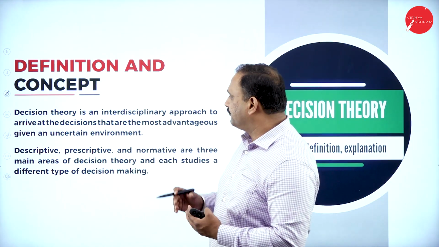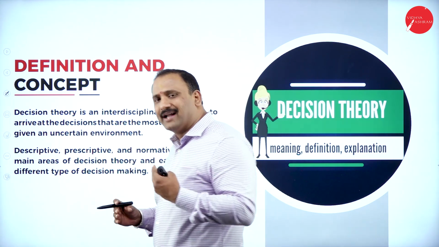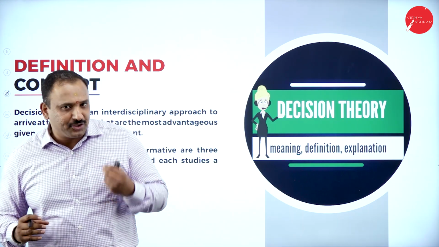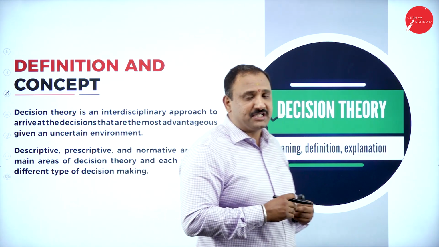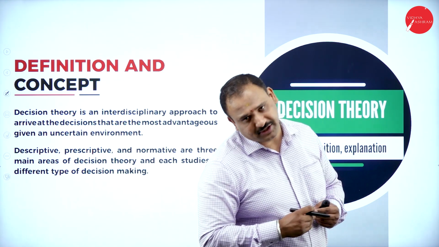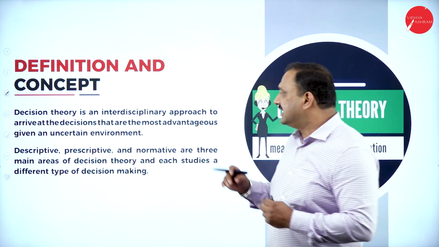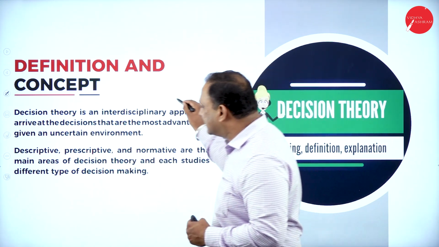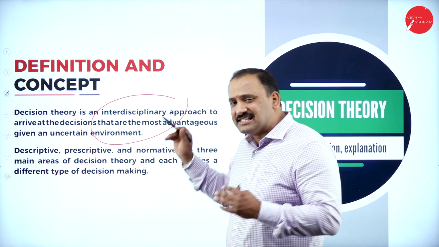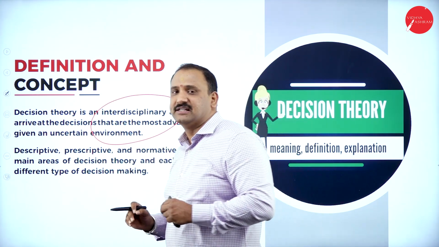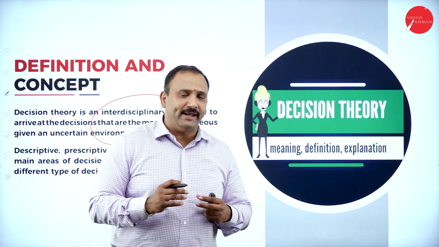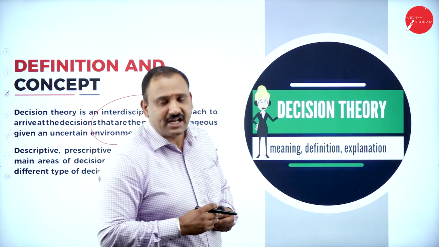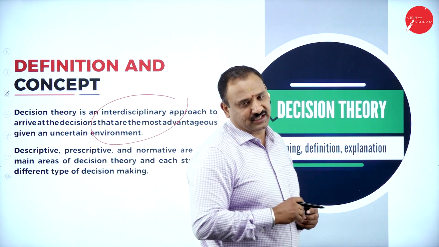Now, moving further, let me just go one by one in detail, trying to make you understand the need and importance of business decision theory. Now, starting with decision theory, it is an interdisciplinary approach that is actually used to arrive at decisions needed for the business to be taken in order to make the operations and the objectives come out successful.